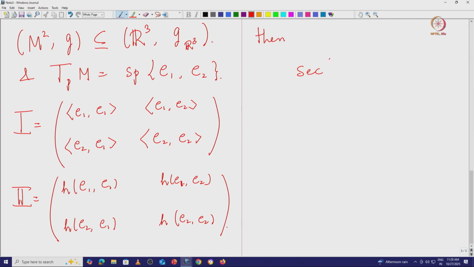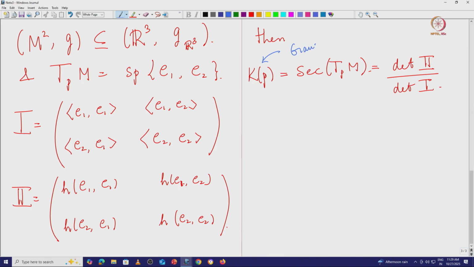Then the sectional curvature of the tangent space, because there is only one two plane, right, spanning a two dimensional vector space, namely the vector space itself. So the sectional curvature of the tangent plane is precisely given by the determinant of 2 divided by the determinant of 1. Okay, and if you recall from 2 lectures back, this is what I had called the Gauss curvature.